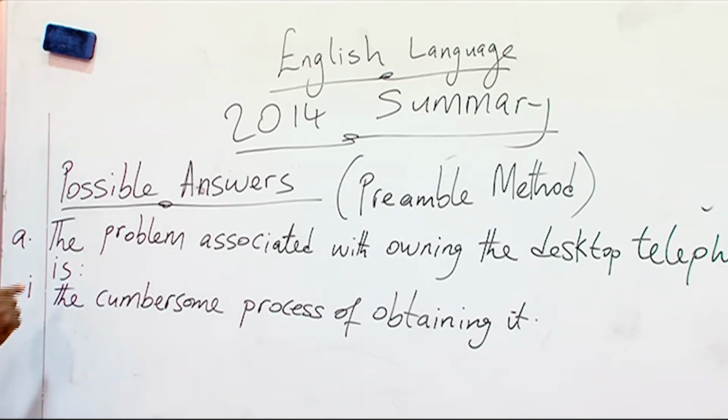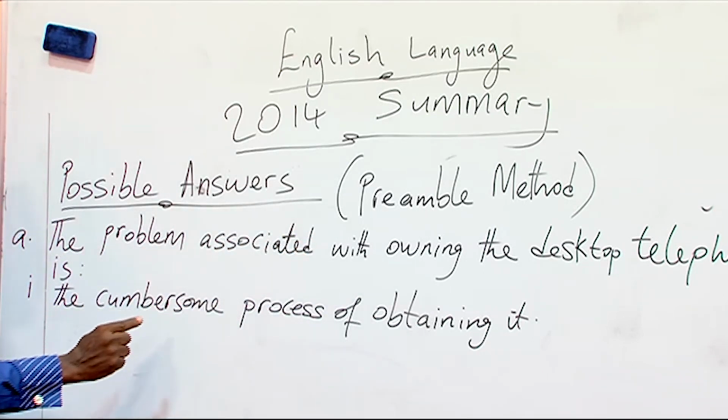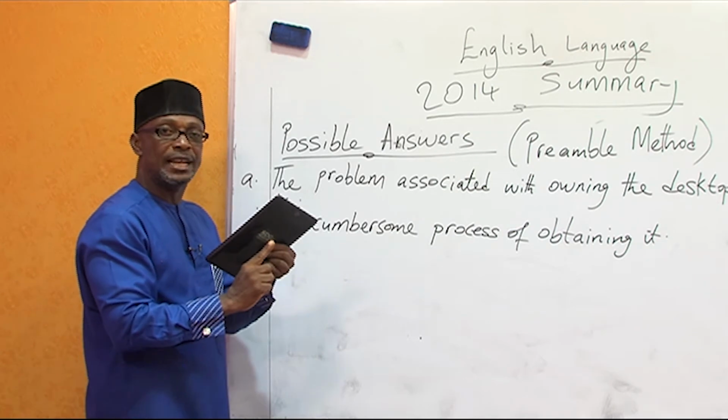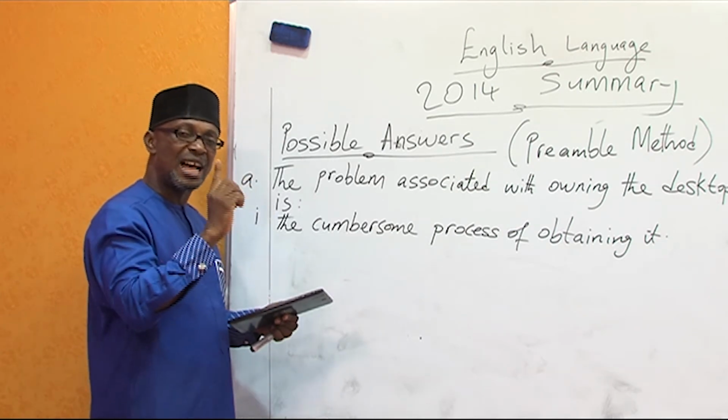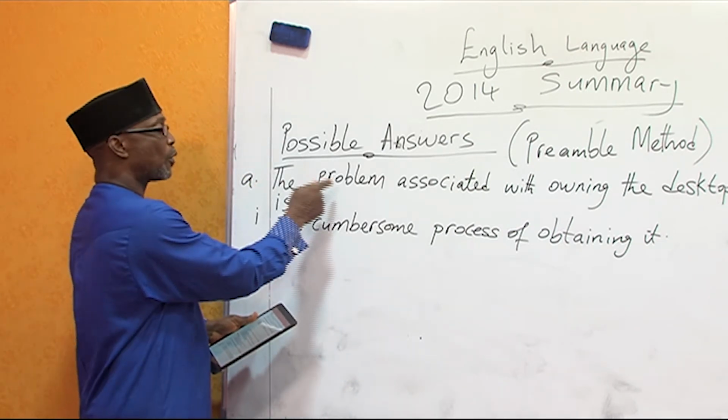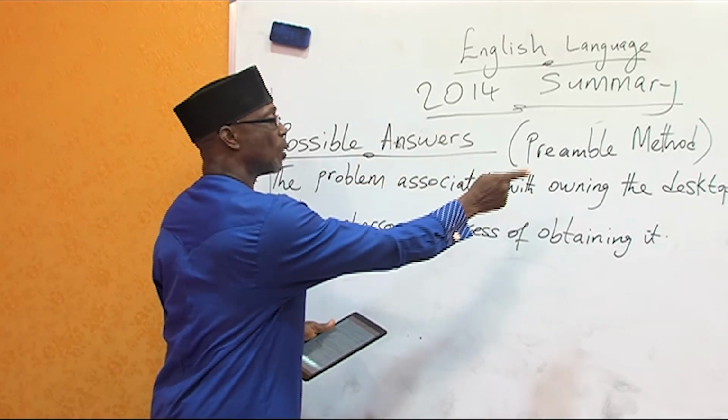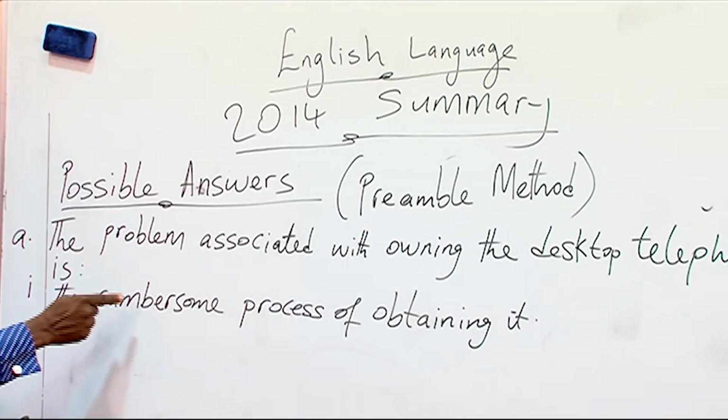So you have to look at this very carefully. The reason being that the preamble and the supposed phrase, when put together, must align as one sentence. The problem associated with owning the desktop telephone is the cumbersome process of obtaining it. Simple sentence 1.